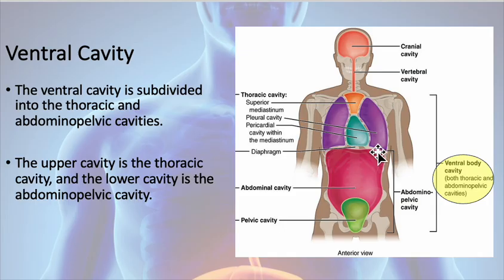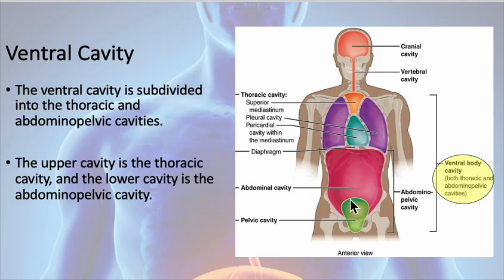The diaphragm is a muscular structure at the bottom of the thoracic cavity, and it lowers as the thoracic cavity and the lungs expand when we inhale, and then moves back upward as we exhale, and this aids in expelling air from the lungs. And so the diaphragm acts as the separation between the thoracic and abdominopelvic cavity.